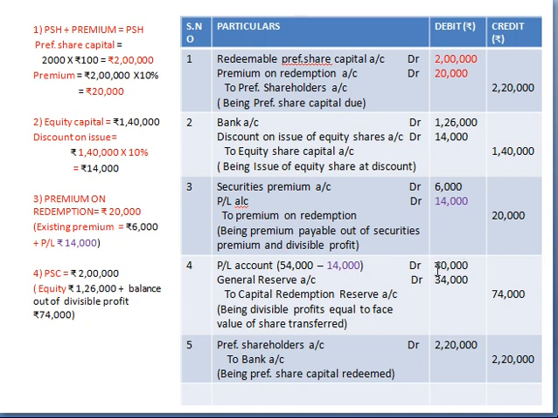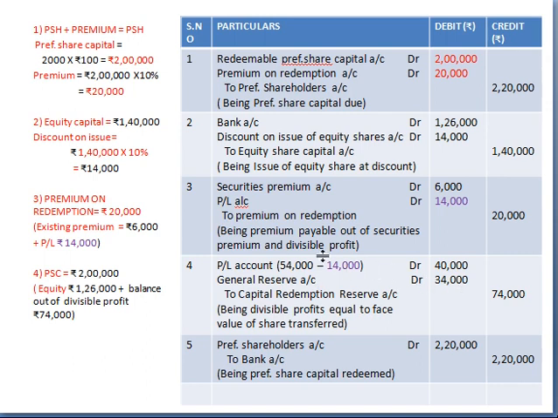So now this 40,000 will be used for the capital redemption. Still how much do we need? Out of 74,000 we arranged fund for 40,000. Still we need 34,000 that will be used from the divisible profit. Another fund is the general reserve. So from the general reserve we'll utilize 34,000.